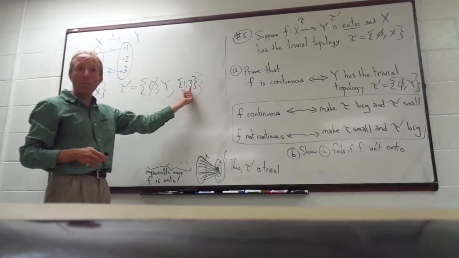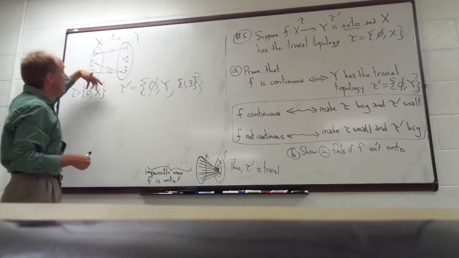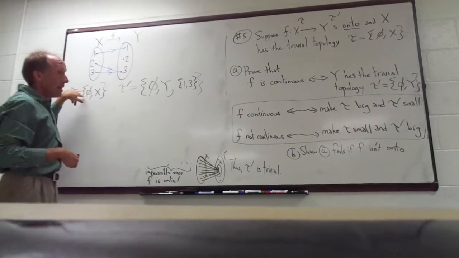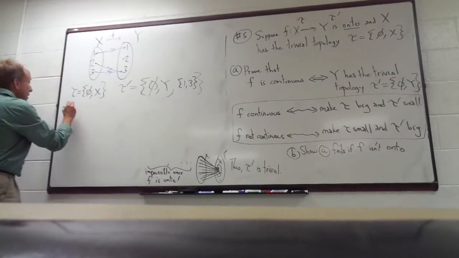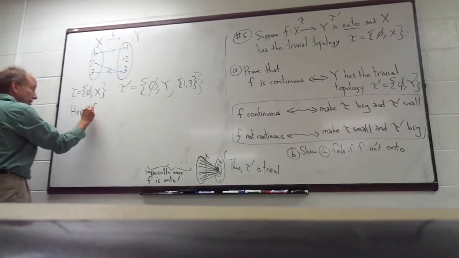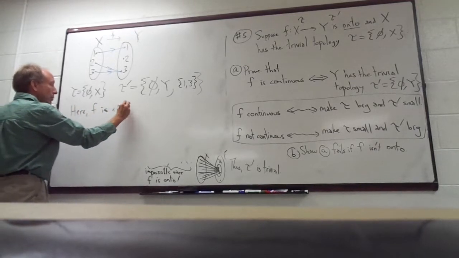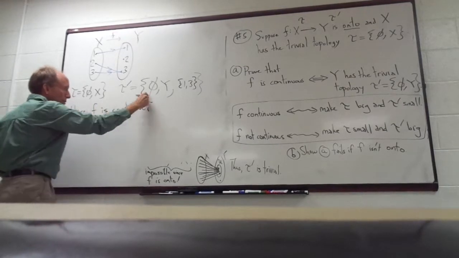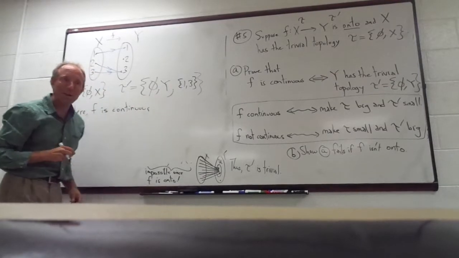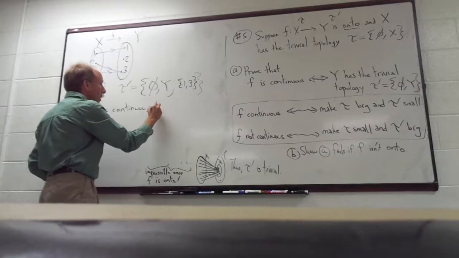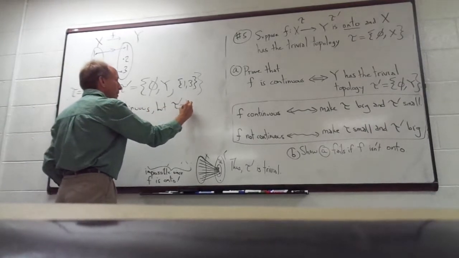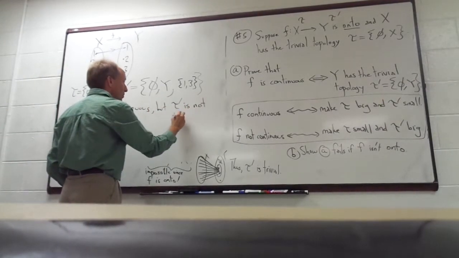That would also work because the pre-image of 2 is empty, and the empty set is in this topology as well. So with this definition here, f is continuous, right? The pre-image of every one of those 3 open sets is still open, but tau prime is not the trivial topology.